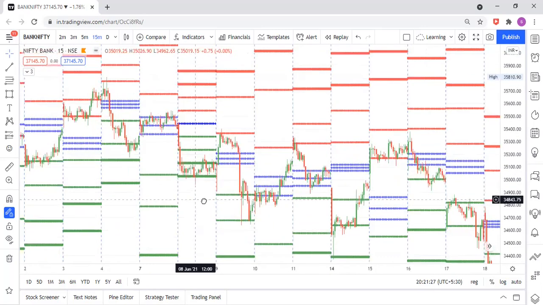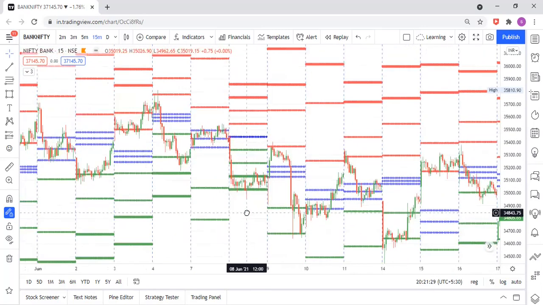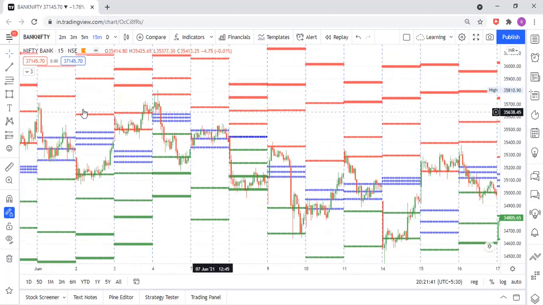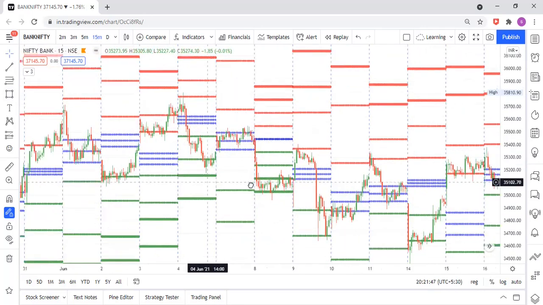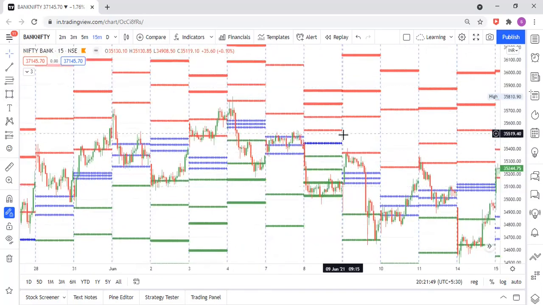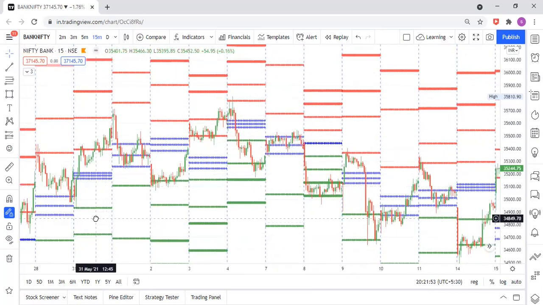So you look at a combination of these CPRs on consecutive days, and then you take a call whether the market is range bound, or in an uptrend or a downtrend. For example, here in this entire zone the market is moving up and down, and the CPR is in this range, so it is a range bound market. So it's good to stay away from this market, right?